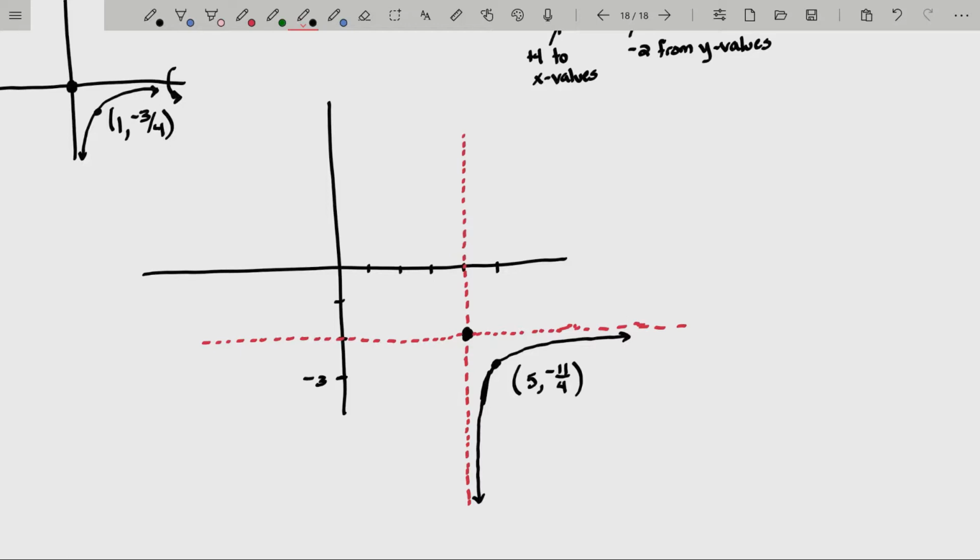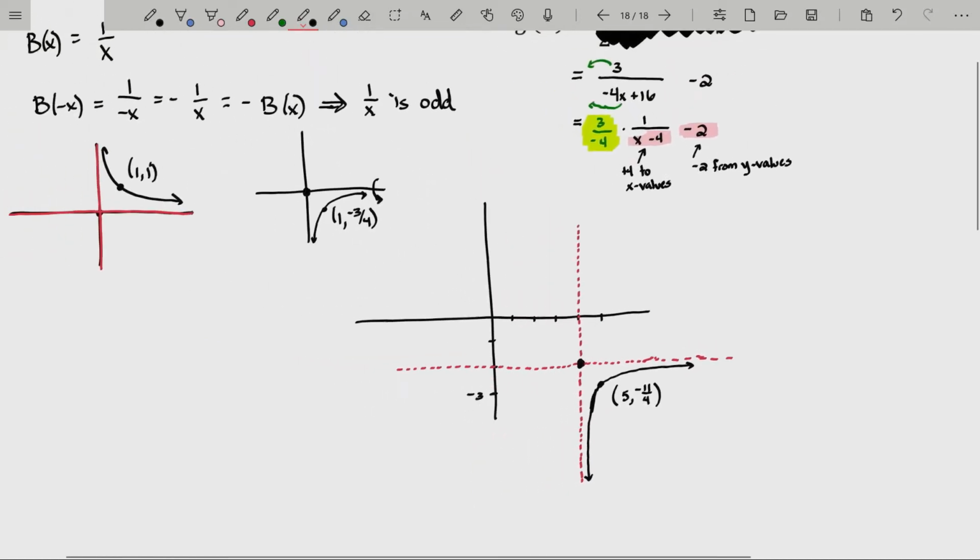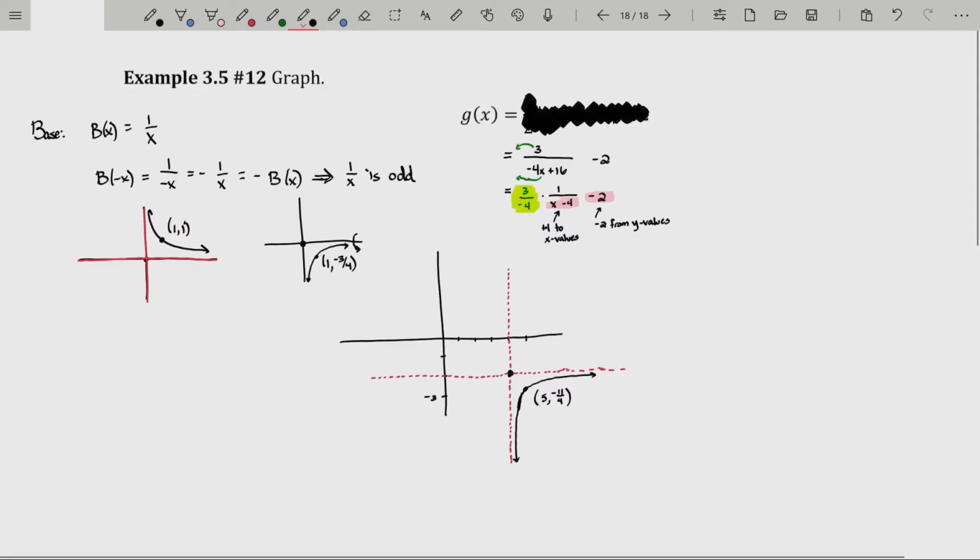So you don't have to worry about that. Now, we know that this is not the actual graph because the original base graph was not just that right branch. It rotates around the origin, in that case, to create the other branch.